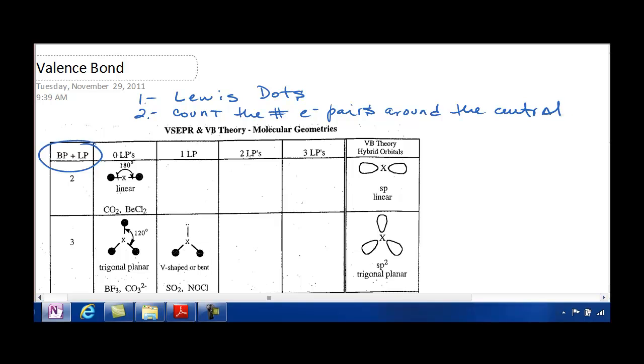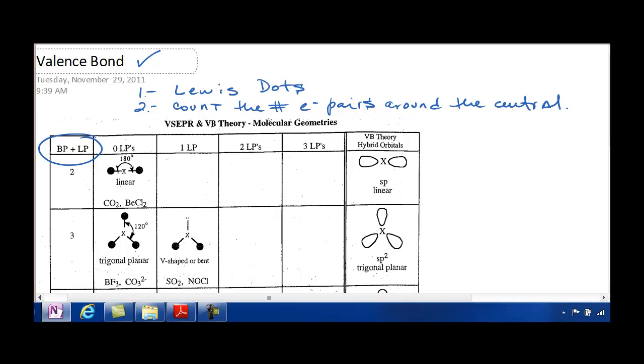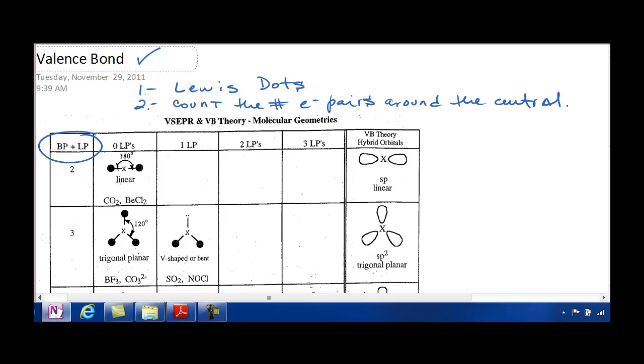And we are still going to consider the exact same criteria in a new theory of bonding called valence bond. So we're still going to be first drawing Lewis dot structures and then counting the electron pairs around the central atom, or electron groups, it's better.